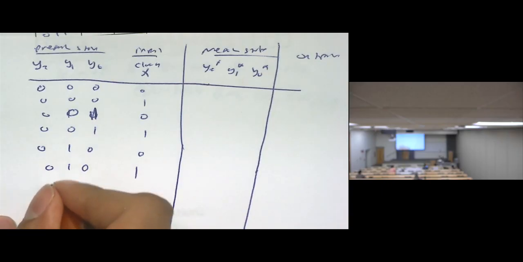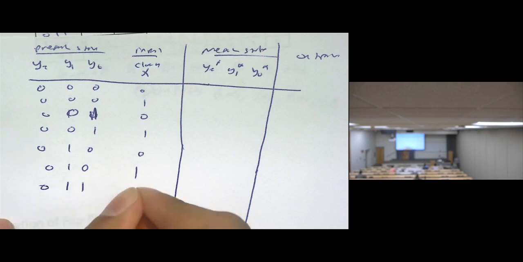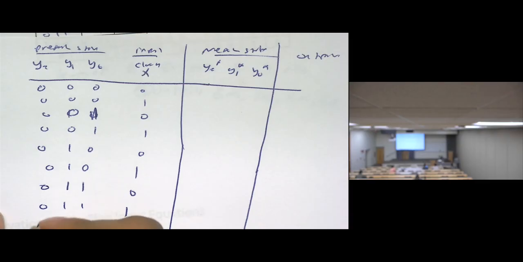Then let's continue. 0, 1, 1, 0, 0, 1, 1, 1, 1, 0, 0, 0, 1, 0, 0, 1, 1, 0, 1, 0, 1, 0, 1, 1.